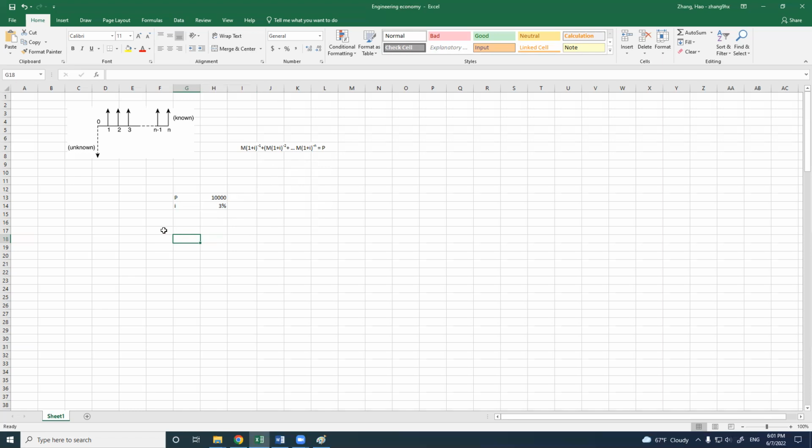For example, I'll put an N here, which means this is the number of periods. How many periods? This is something you need to understand: we want to pay it back within 5 years, but we are paying the loan every month.